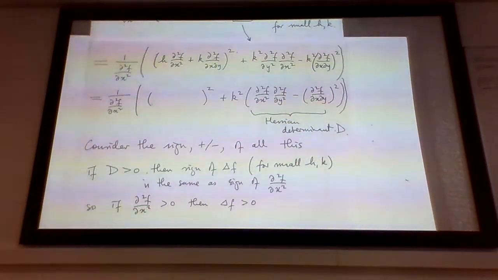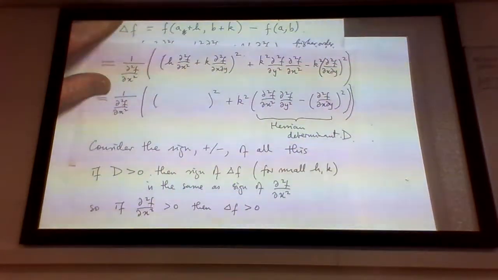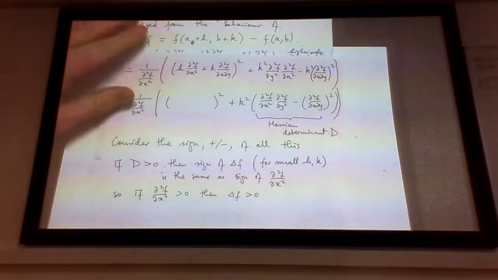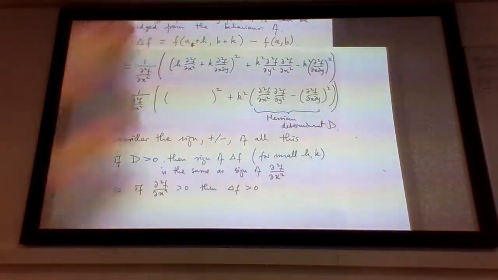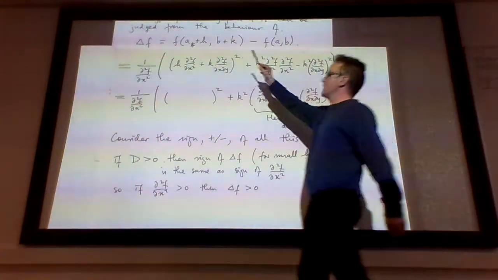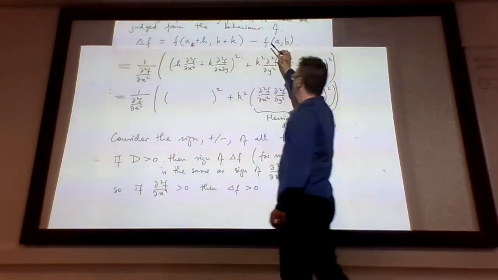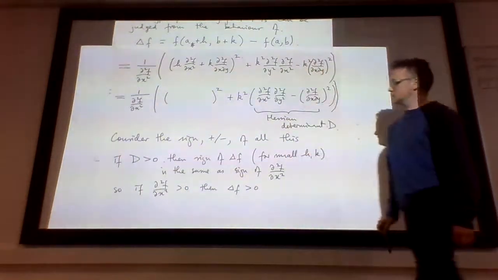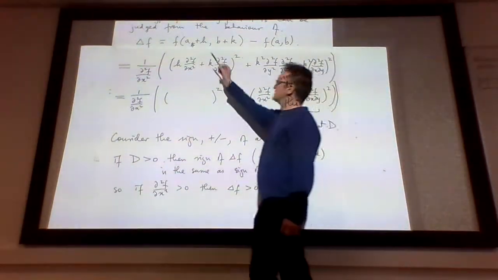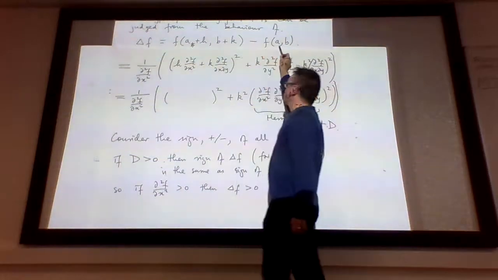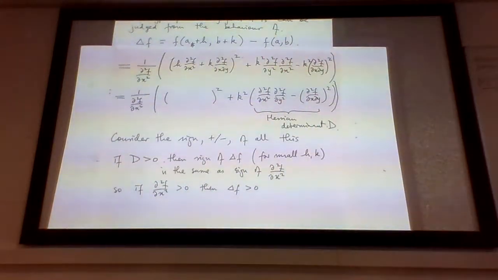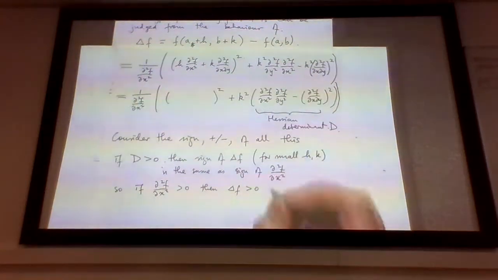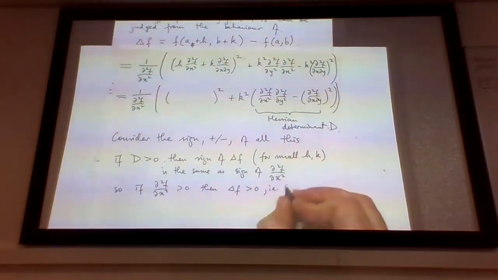Delta F, remember, is the difference between the value of F at a nearby point minus the value of F at the stationary point. So if delta F is always positive, it means the value of F at the nearby point is always greater than the value of F at the stationary point, so therefore it's a minimum, i.e., AB is a minimum.